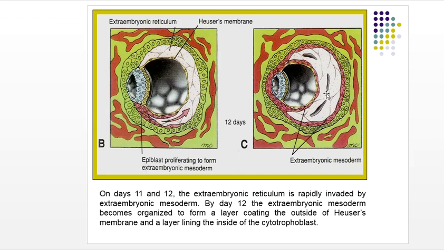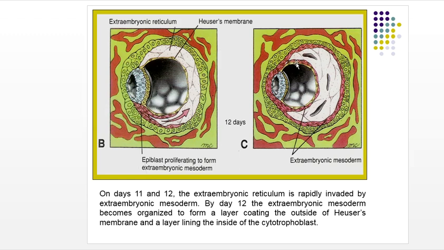Gradually, small spaces are established in the extra-embryonic mesoderm, and when these small spaces join together, making a large cavity, as a result the extra-embryonic mesoderm, here the red color, is divided by this cavity into two layers.